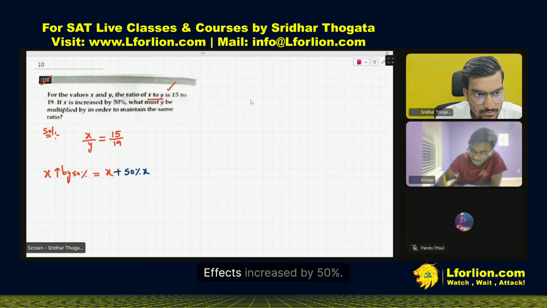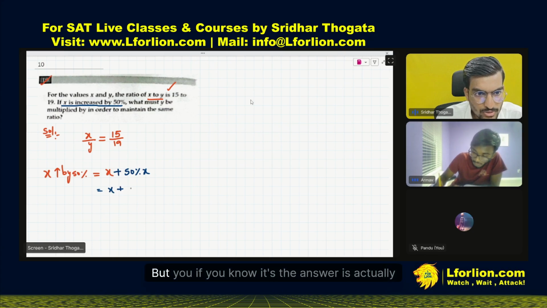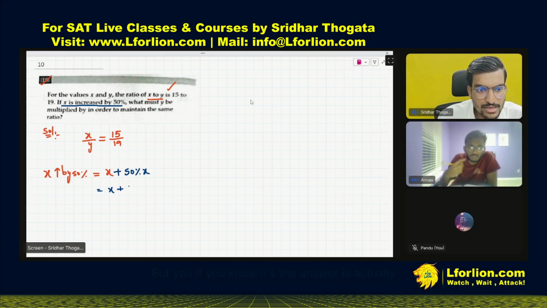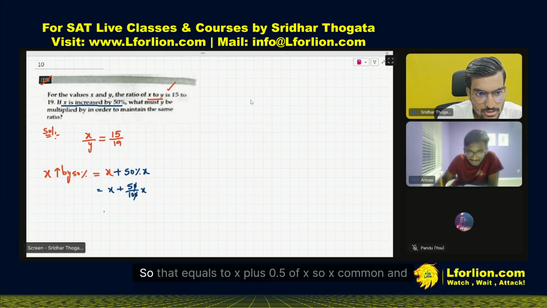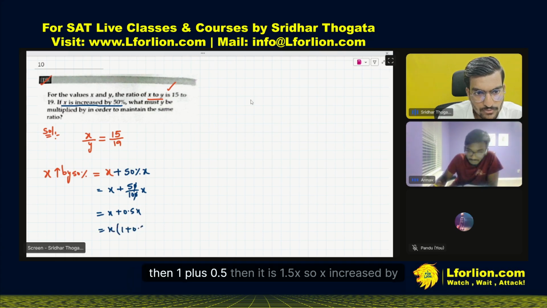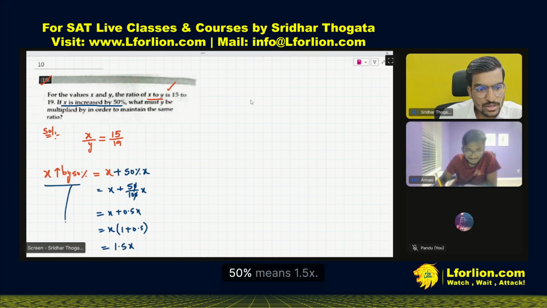That is the meaning of that. It's not strictly required, but 50 by 100 gives 0.5. So that equals x plus 0.5 of x. Taking x common, 1 plus 0.5 is 1.5x. So x increased by 50% means 1.5x.